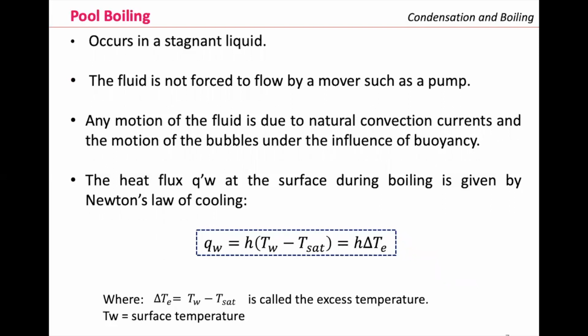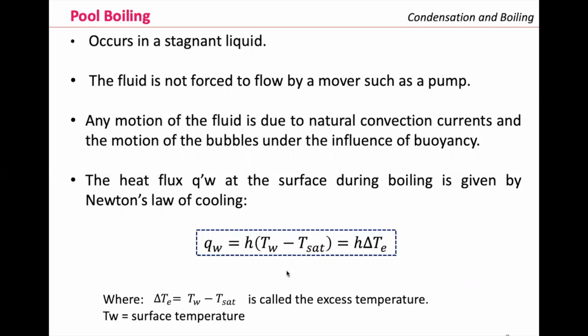Then the heat flux, q_w, at the surface during boiling is given by Newton's cooling law, because again, boiling and condensation are part of our convection study, right? So then the heat flux is h times T_wall minus T_saturation.